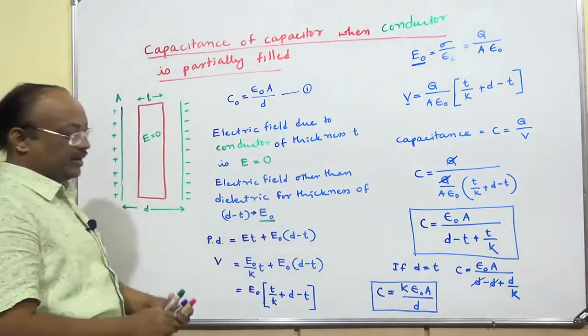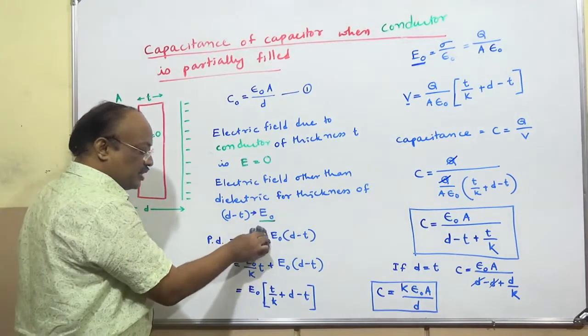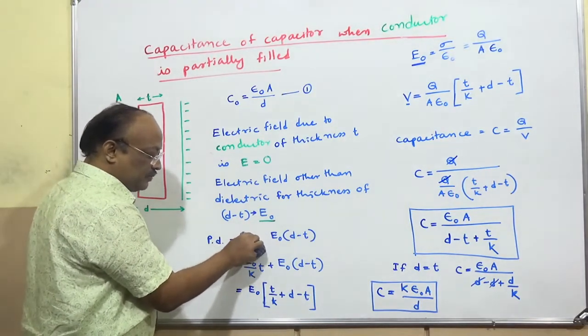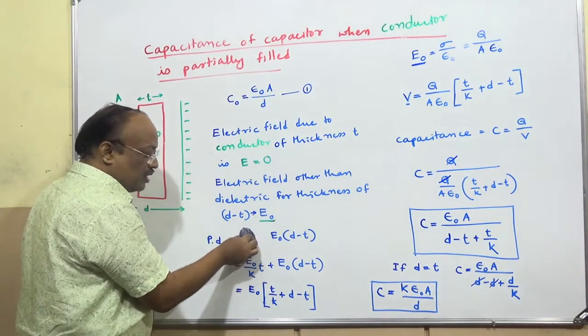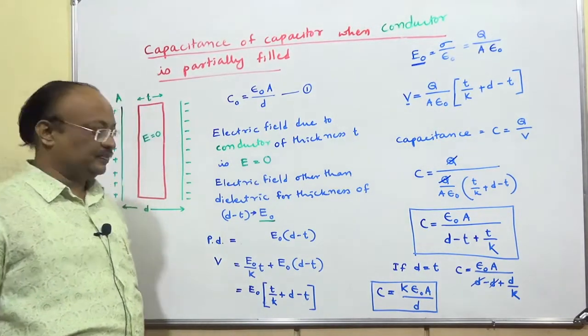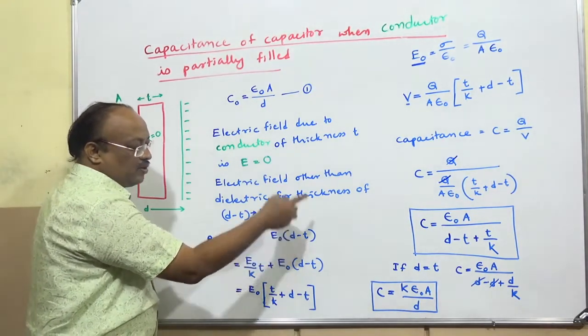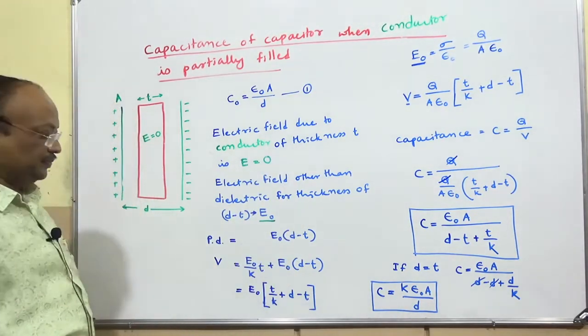So the potential difference is E naught into D minus T.